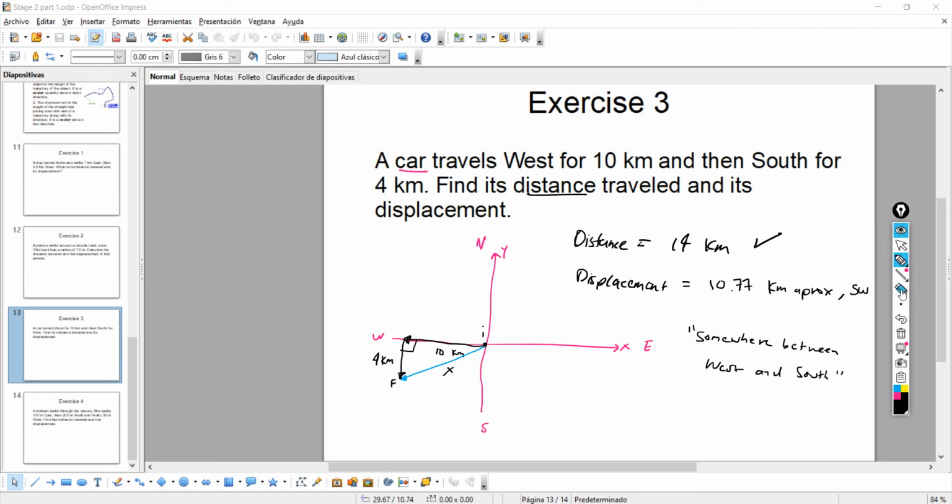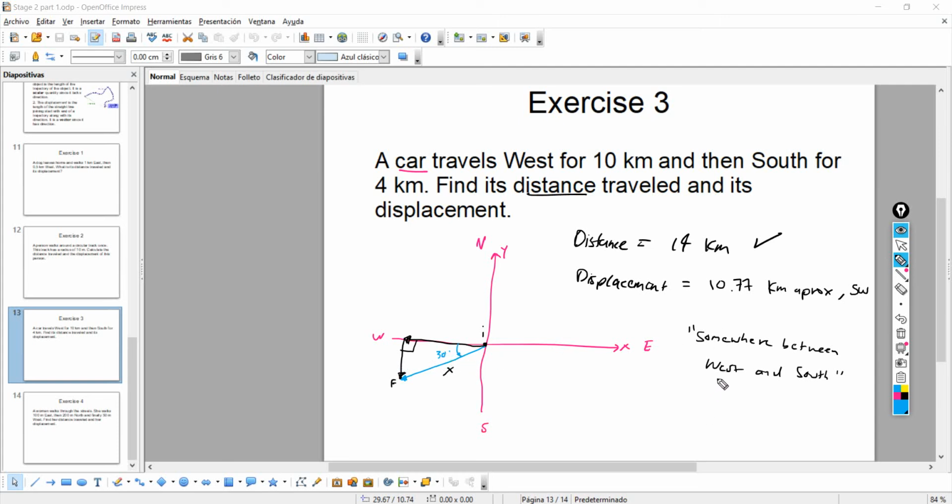To be honest with you, the way in which we solve this problem perfectly well is by actually calculating this angle in here that the displacement makes with the west. And then the proper way to speak about the direction of this displacement would be saying something like, let's suppose this is 30 degrees.